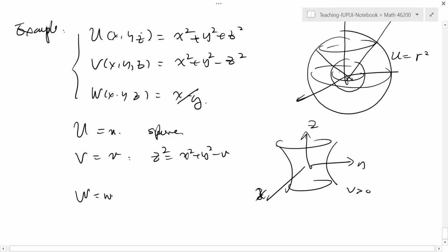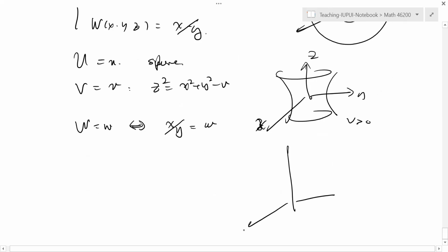W equals little w. So that means x over y equals w, and you get a plane passing through the origin.